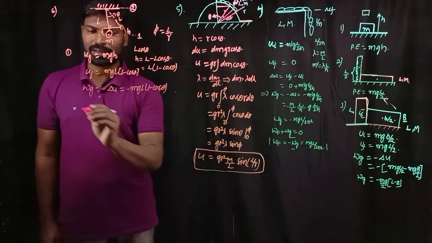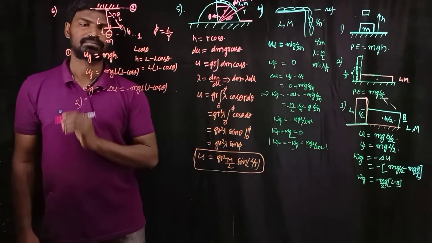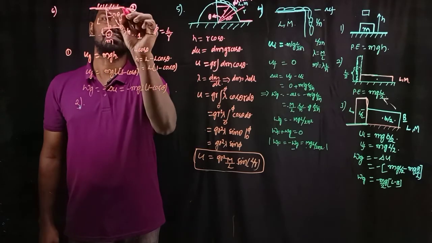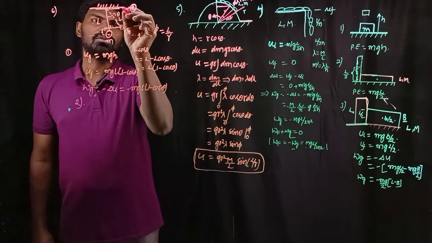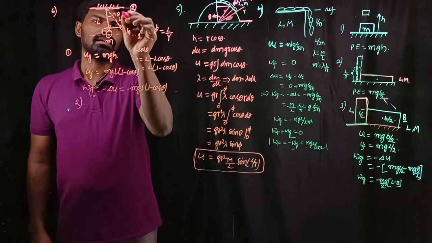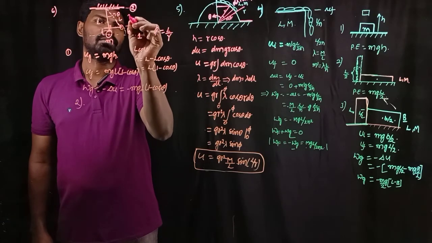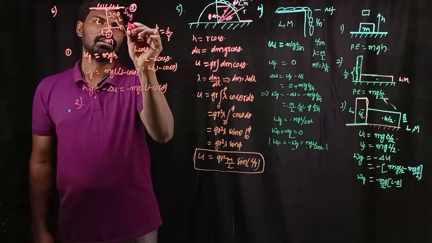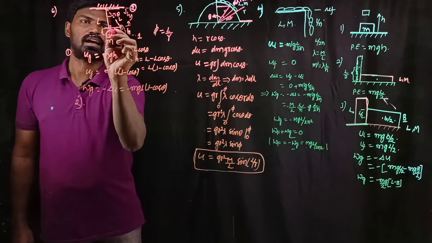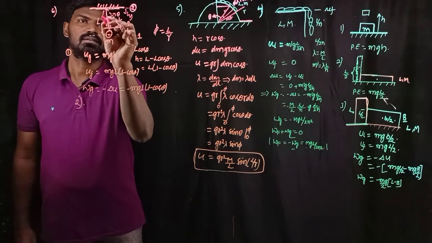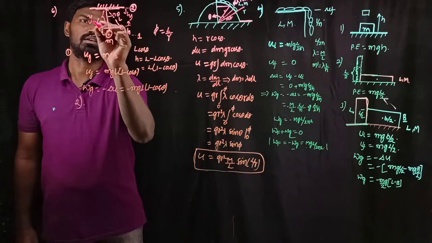Now, by taking the second reference line as the reference, I am calculating the potential energy. With respect to this, the bob is at a depth, let me call it y. This distance I should calculate here. This distance is nothing but the projection of L on this one, that is y.